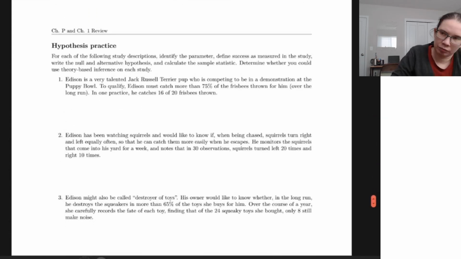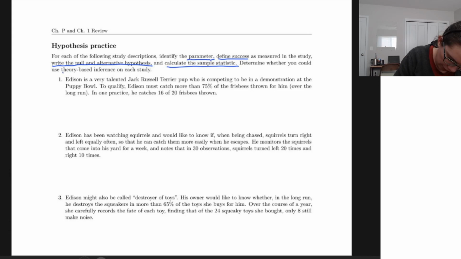Now, on to the hypothesis practice portion of this review sheet. A number of problems that feature Edison the puppy. So you are to identify the parameter, define success, write the null and alternative hypothesis, calculate the sample statistic.